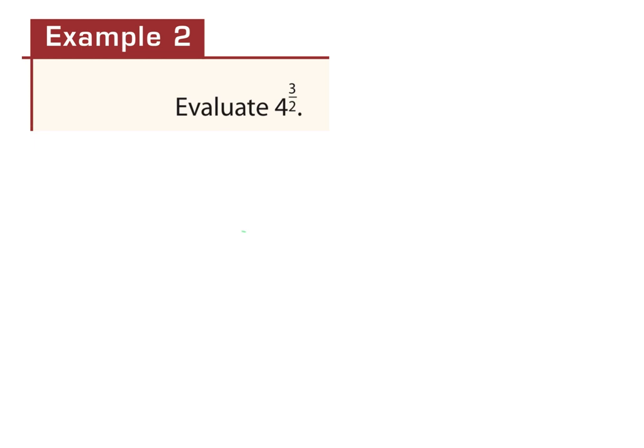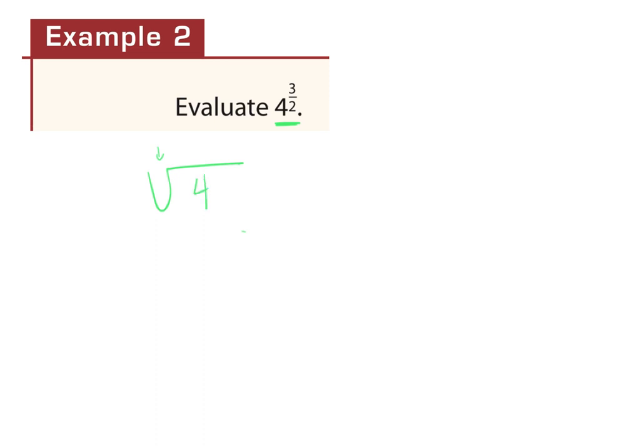So the difference between this and the first example is, in the first example, all of your numerators were a 1. So you really just had to worry about the radical and what was going on there. Now we actually have a numerator of a 3. So when we have something that looks like this, it's to a fraction. That 2 still represents the index, but it's a square root, so I don't have to worry about it.